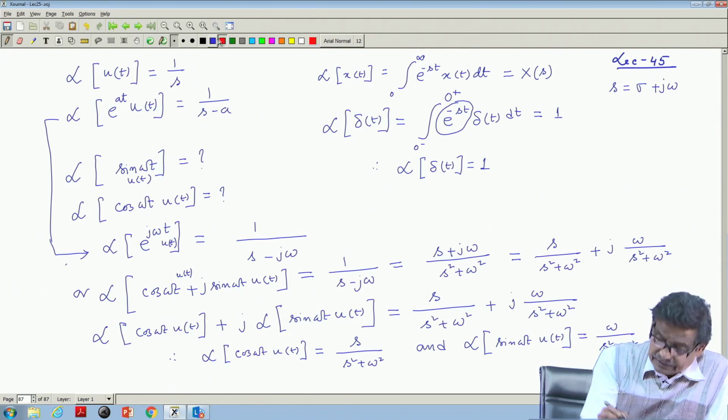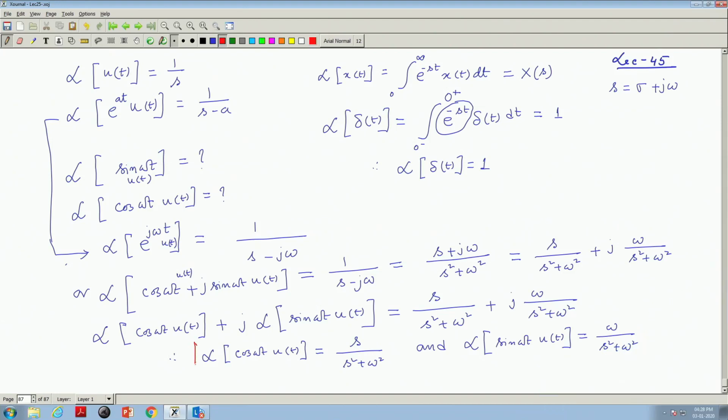These two results are very useful in circuit analysis, because our inputs may be sinusoidal functions, which is quite common, so these two results are very important. So, an easier way to remember it, cos omega t.